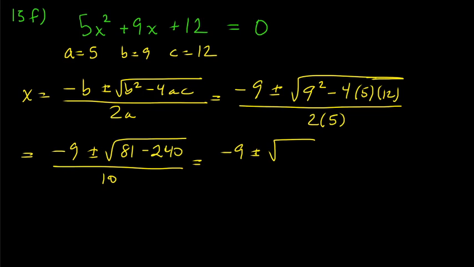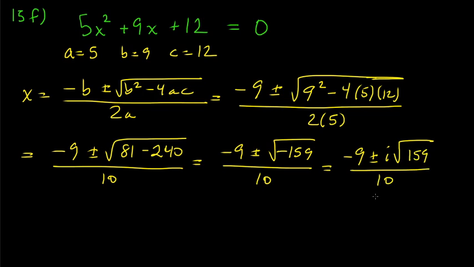You get negative 159. So because it's negative, we're definitely going to get an imaginary, or a set of imaginary numbers here, i times the square root of 159 over 10.